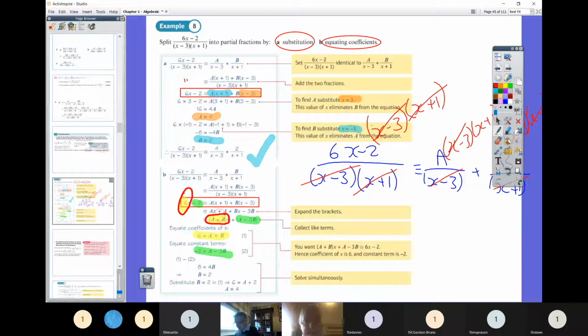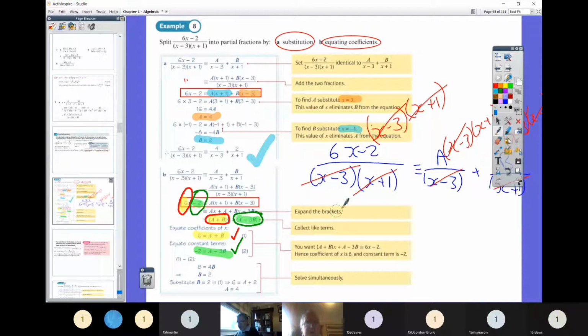That gives us our first equation, 6 equals a plus b. Then moving on to the normal constant at the end, that minus 2 has got to be the same as a minus 3b, giving us equation 2. Two equations, two unknowns, a and b, allows us to work out what a and b are. And I think you can see from that one, the substitution was quite a bit quicker.